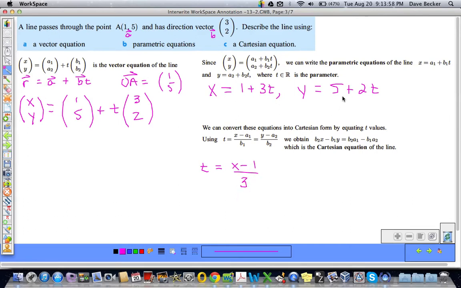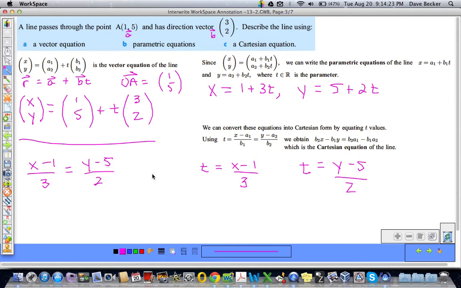And if I solve this for t, it would give me, let's see, t equals y minus 5 over 2. Well, these t's are equal, so therefore, I'm going to have to work over here now. x minus 1 over 3 must be equal to y minus 5 over 2.